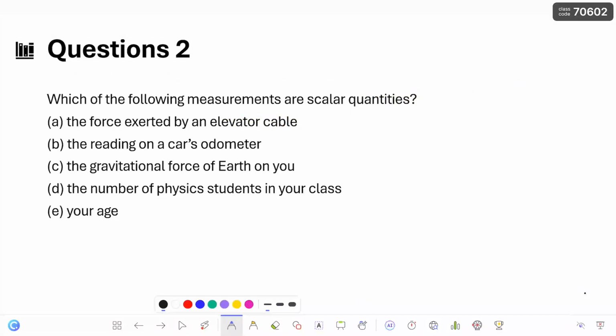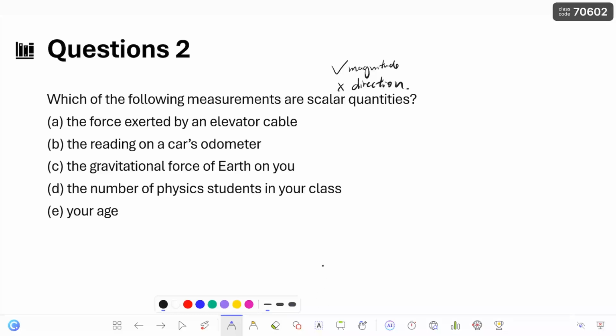And then for question 2, which of the following measurements are scalar quantities? A scalar quantity is a quantity that has magnitude but no direction.